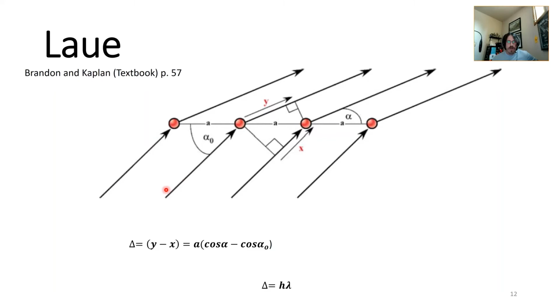If you look, let's just say these are incoming X-rays, and here are a row of atoms. There's going to be a path difference between the X-rays hitting this row of atoms and after they've hit this row of atoms. And so Laue realized that there was a photon-material interaction with rows of atoms or with crystalline materials.